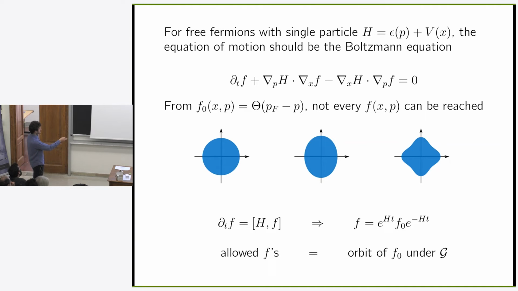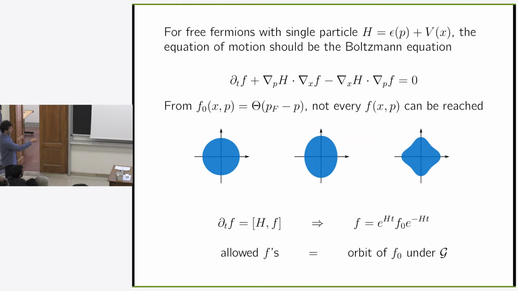This is a group G whose commutators are the Poisson brackets. This is the group of canonical transformations. And so this orbit is what's called a coadjoint orbit, because strictly speaking, this F0 lives in the coadjoint space. But basically, this is our manifold of degrees of freedom, the orbit of some seed state under this group.